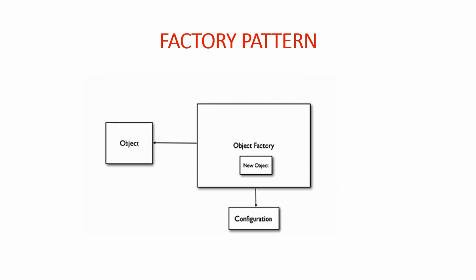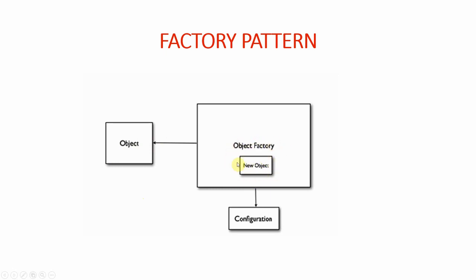So we have an object, and instead of creating an instance of that object, we call an object factory, and then the factory produces the object for us. If we use standard core Java technology, then we would just say object B equals new object, and that's it. But in this concept, we ask this object factory to create the new object.